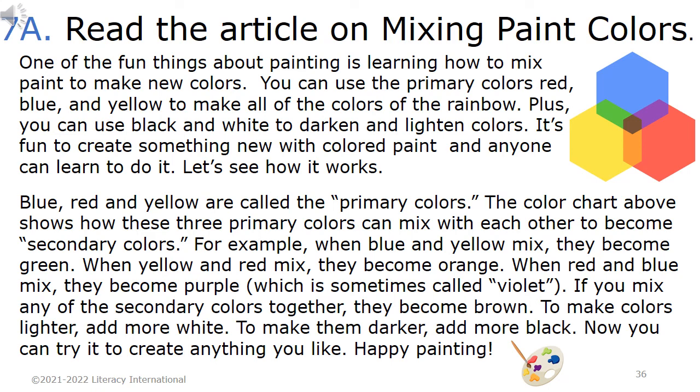When red and blue mix, they become purple, which is sometimes called violet. If you mix any of the secondary colors together, they become brown. To make colors lighter, add more white. To make them darker, add more black. Now you can try it to create anything you like. Happy painting!